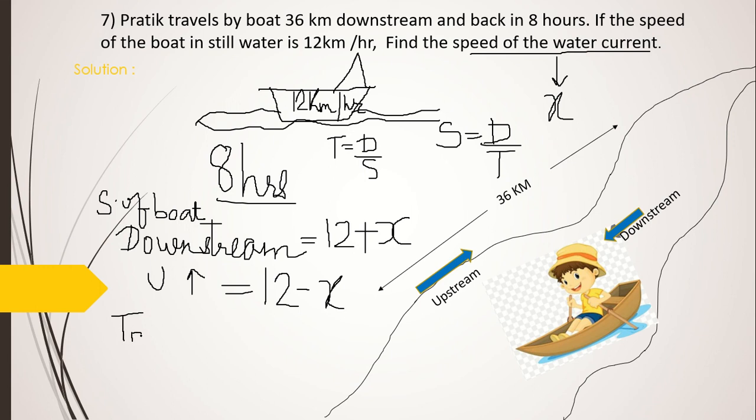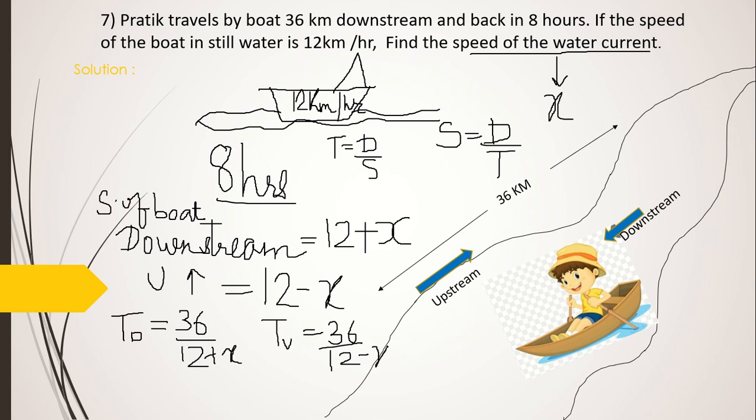Of course it is going to be less because the speed was more at that time. So the time taken downstream would be, now what is the distance? Distance is the same, 36, downstream and upstream. And the speed downstream is 12 plus x, so the time is 36 upon 12 plus x. And the time taken to go upstream would be 36 upon 12 minus x.